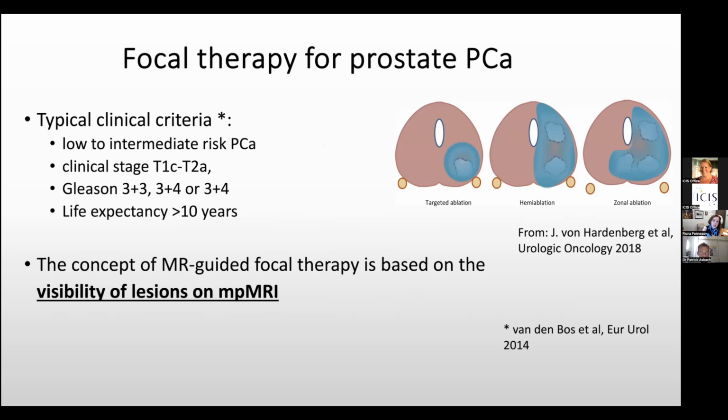So really the concept of MR guided focal therapy is based on the visibility of lesions on multiparametric MRI. Even if we're going to ablate with ultrasound and use some way of fusing the ultrasound to the MRI, we need to be able to see these lesions on MRI.